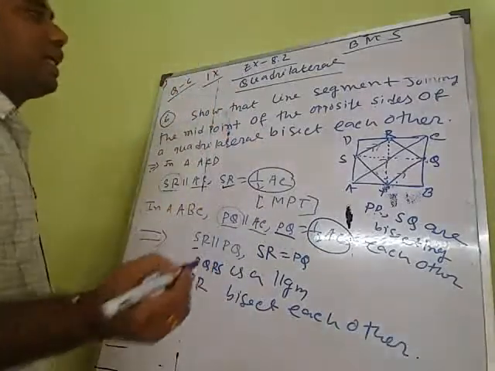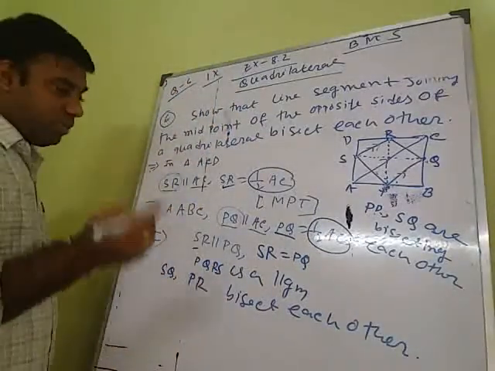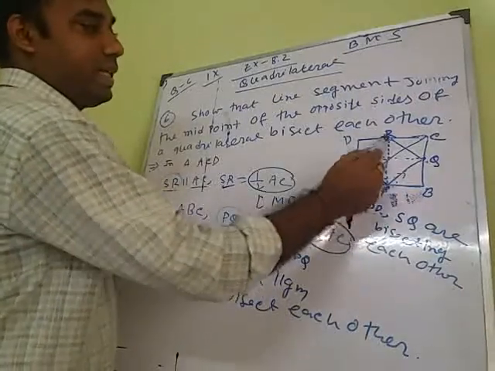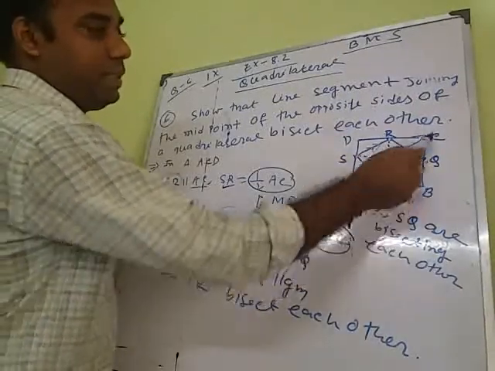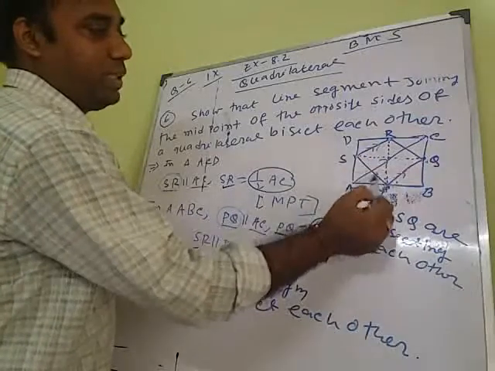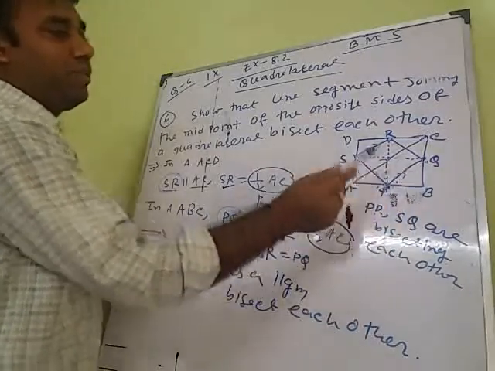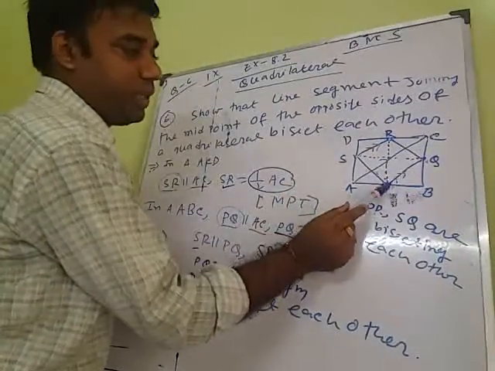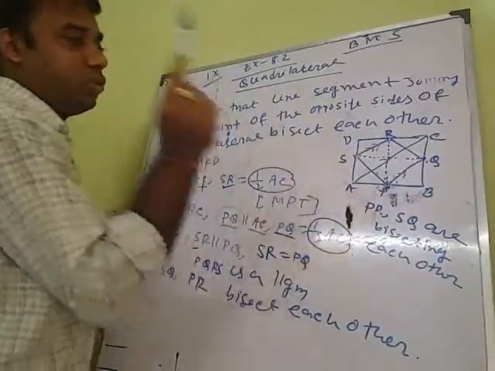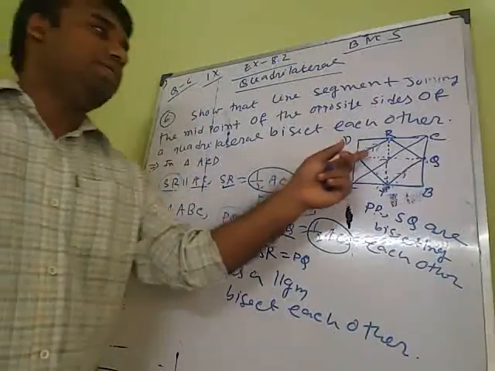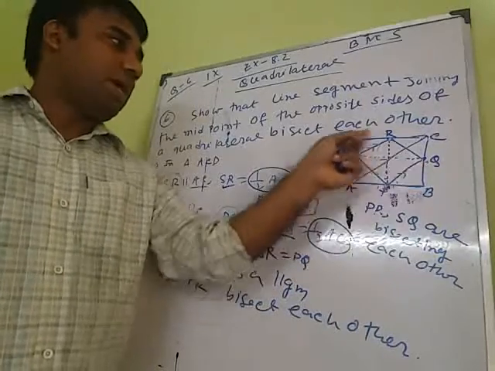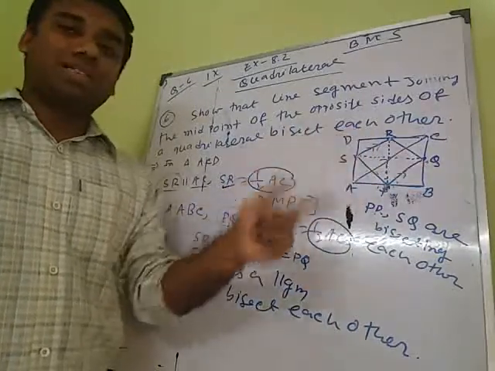So students, again I am explaining that from triangle ACD, SR is parallel to AC, and from triangle ABC, PQ is parallel to AC and PQ is half of AC. Now removing the AC part, SR equals PQ and SR is parallel to PQ. In conclusion, if two opposite sides of a quadrilateral PQRS are parallel and equal, then PQRS is a parallelogram.